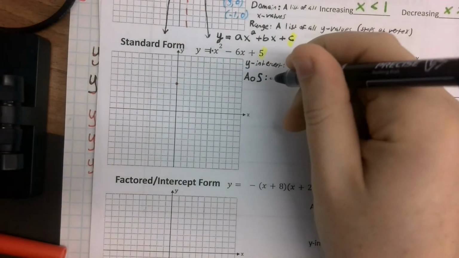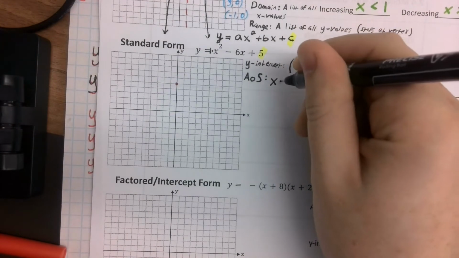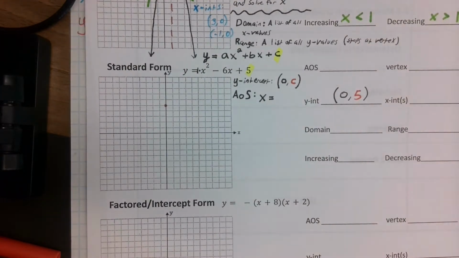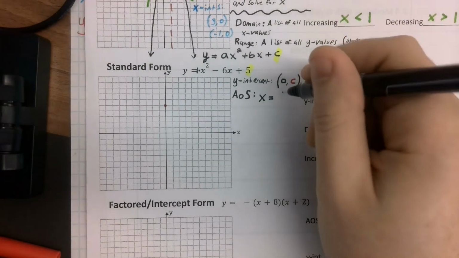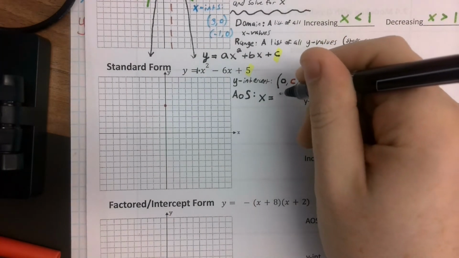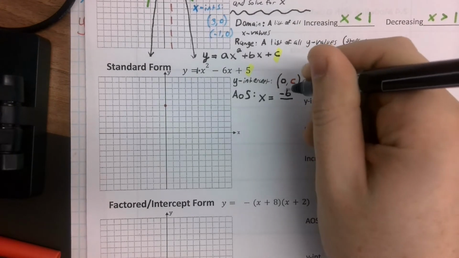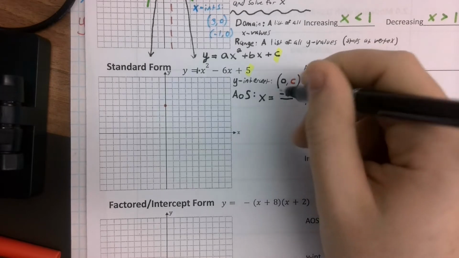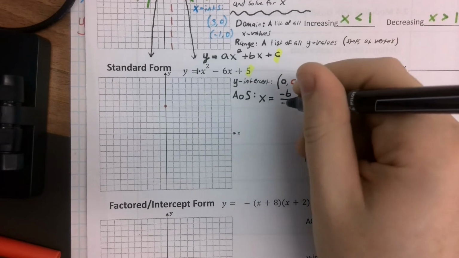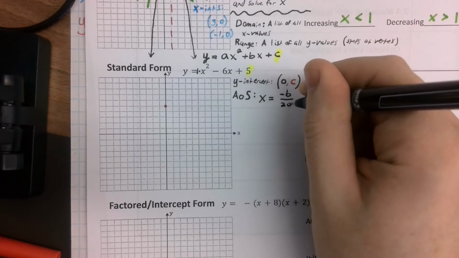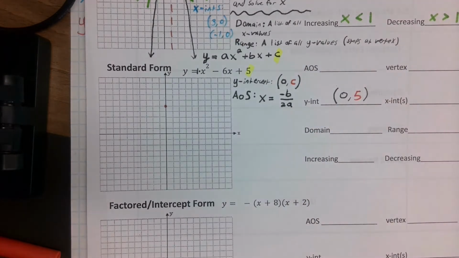In fact, it makes so little sense that we want to use a formula that we're going to eventually talk about why it is the way it is. But the formula for the axis of symmetry is that x is equal to negative b, so the negative version of whatever our b value is, or the opposite of whatever our b value is, over 2 times a. Ugh, it's a weird formula. But it is really useful.